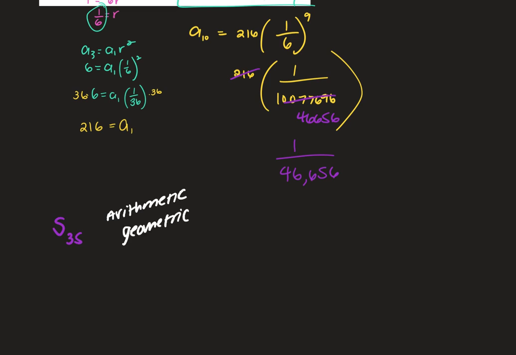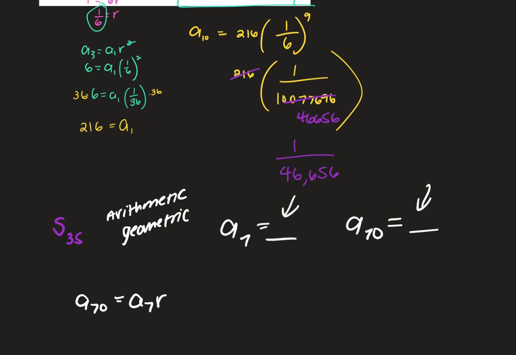But then let's say it gives you a 7 and it gives you a 70. You have to use those to figure out either R or D, right? If it's arithmetic, I'm going to do this minus this over 70 minus 7. If it's geometric, I'm going to do A70 equals A7 times R to the, it would never be this big, but to the 63rd, right?